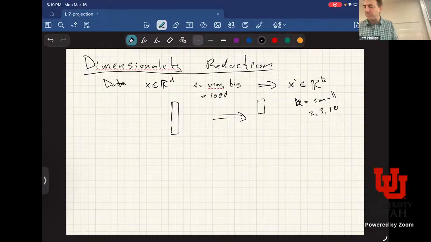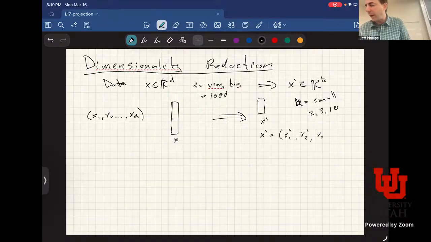So we want to map to a much smaller dimensional vector, where this is X, this is X prime, right? We want to think of our data as a vector with lots of coordinates in it: X1, X2, up to XD. And now X prime is, say, X prime 1, X prime 2, maybe X prime 3.